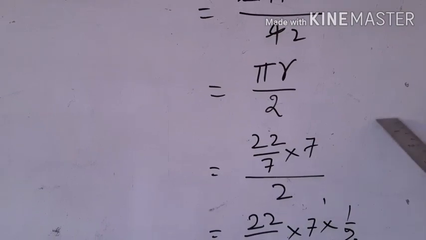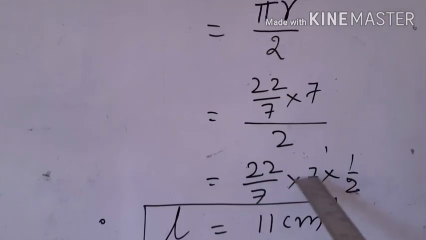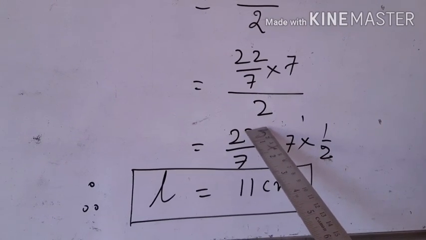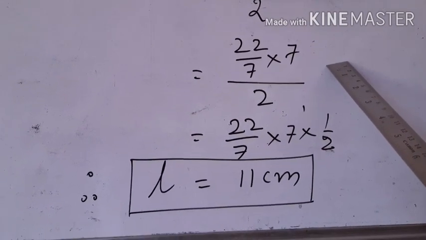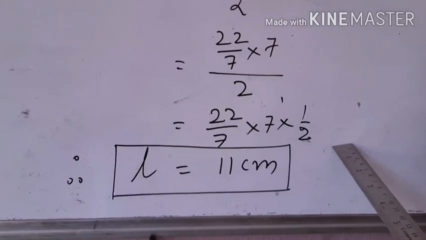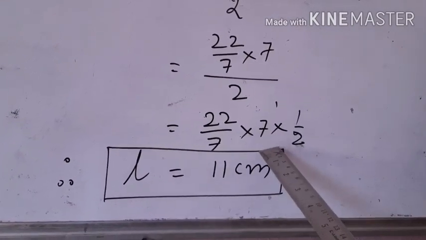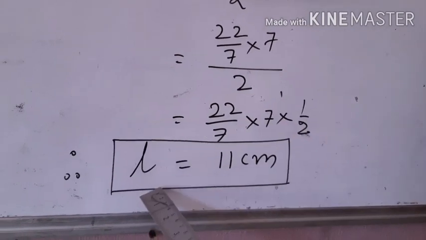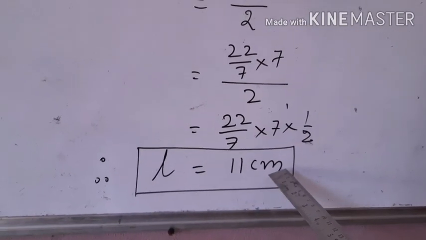Therefore, 22 by 7 into 7 by 2. Now, we see here children, 7 1s are get cancelled, 2 1s are 2, 2 11s are 22, get cancelled. Therefore, the length of the arc is 11 centimeter.